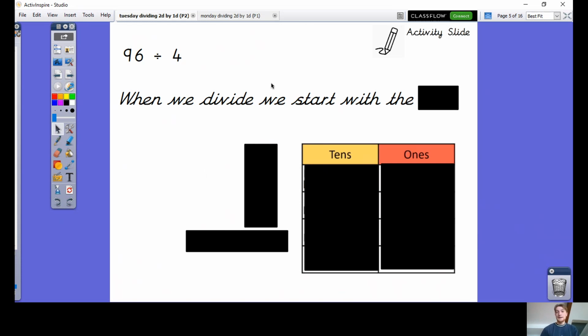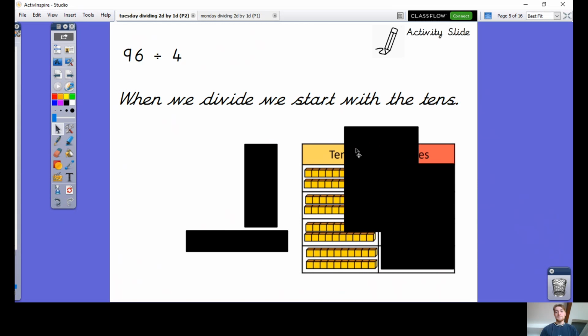Okay, firstly then, let's just see what the end of this STEM sentence says. So when we divide, we start with the tens. Okay, that's really going to help us answer this question. So what we should have had was 9 tens drawn out, because there's 96. We have 9 tens and 6 ones.